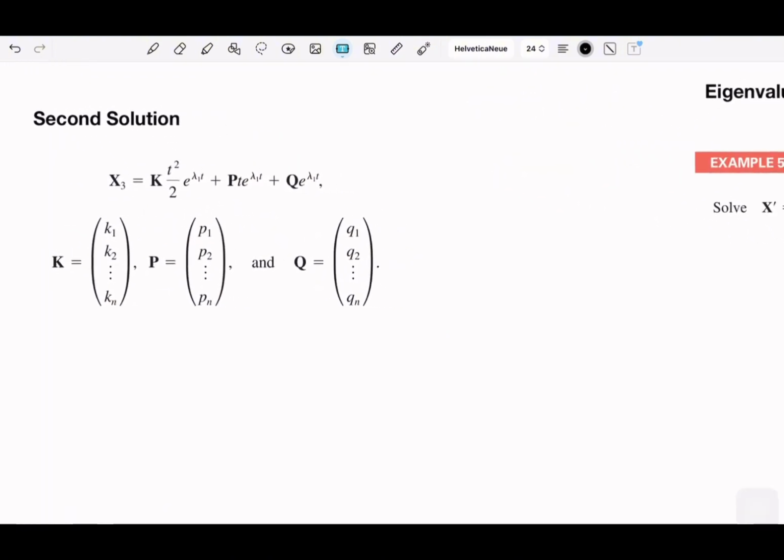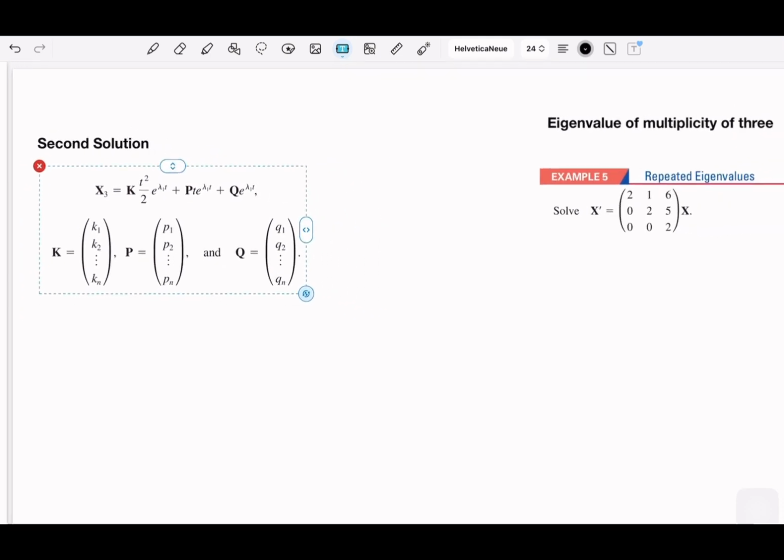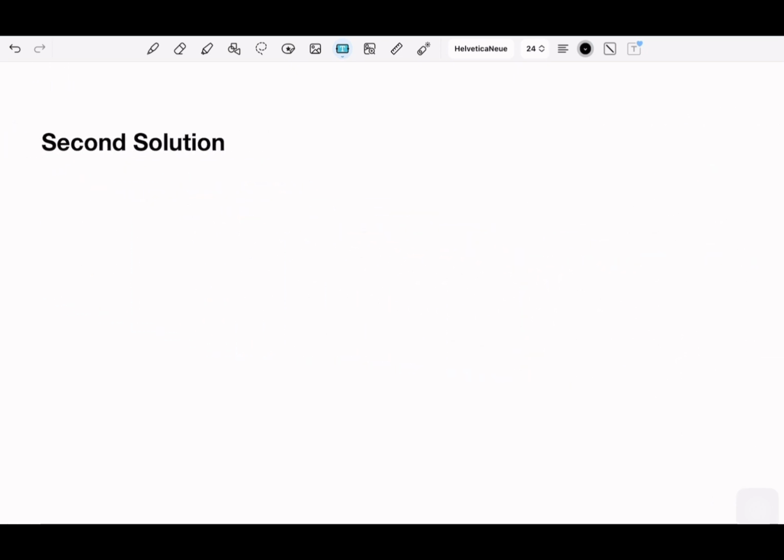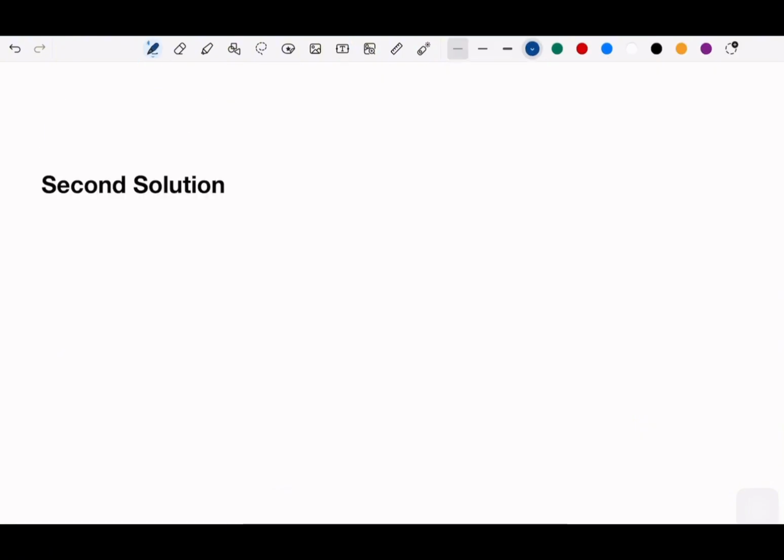Suppose that, oh wait, this is wrong. This is supposed to be this one for the 3 by 3. So the second solution, let me just write again here. I forgot to write this one. So this will be the second solutions.